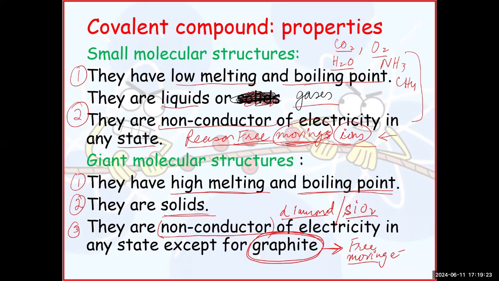So it's a compound. In compounds, the reference of electricity would come from the ions. But if it is made up of one element only, the reference of electricity will come from the free moving electrons. The phrase free moving electron or free moving ion is important here. Any questions? Hania, are you here?